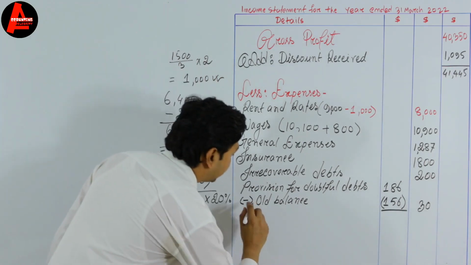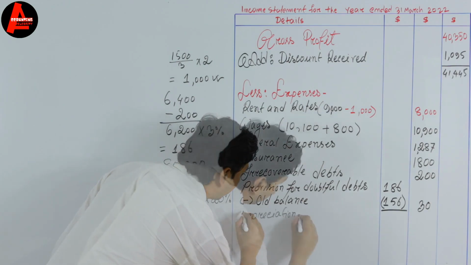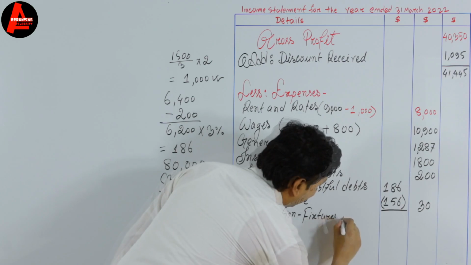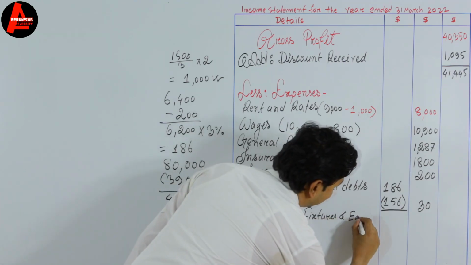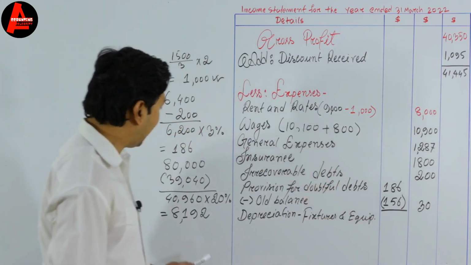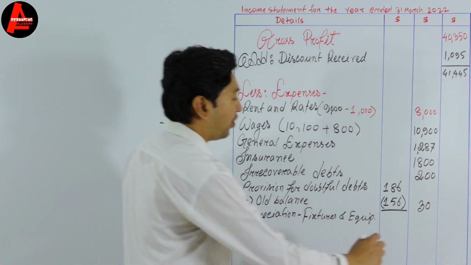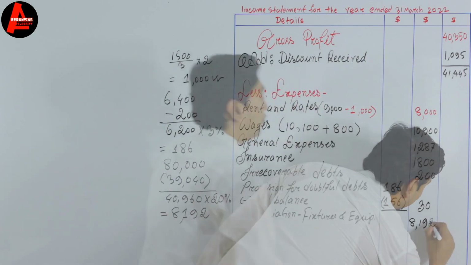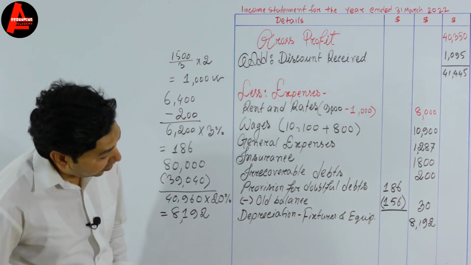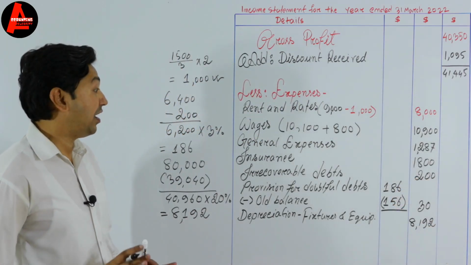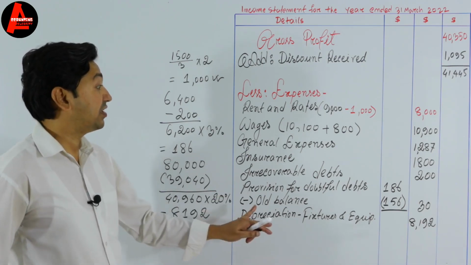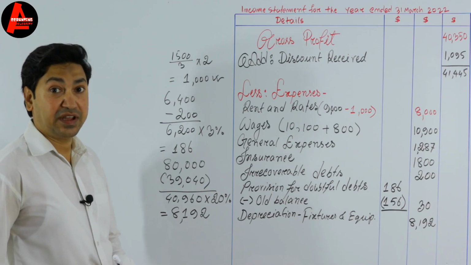Let us write depreciation, fixtures and equipment, $8,192. Great, we wrote all the expenses, and we adjusted all the additional information with the relevant expenses.